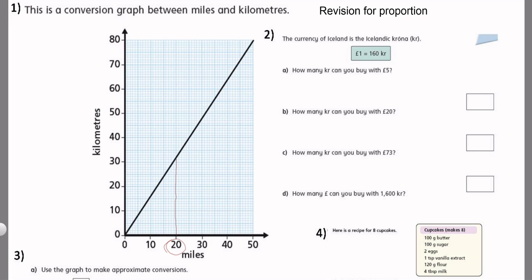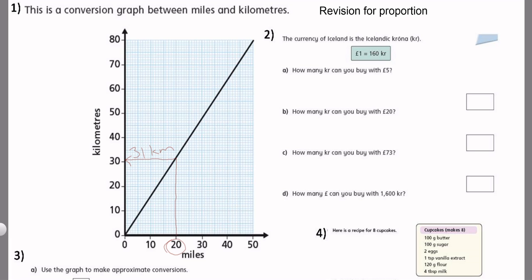When you hit the graph, stop, turn left. Now this should be done using a ruler. So it looks like 20 miles is around about, not 30, it's not quite 30, that arrow's pointing just above it, 31. So 20 miles is around about 31 kilometers.